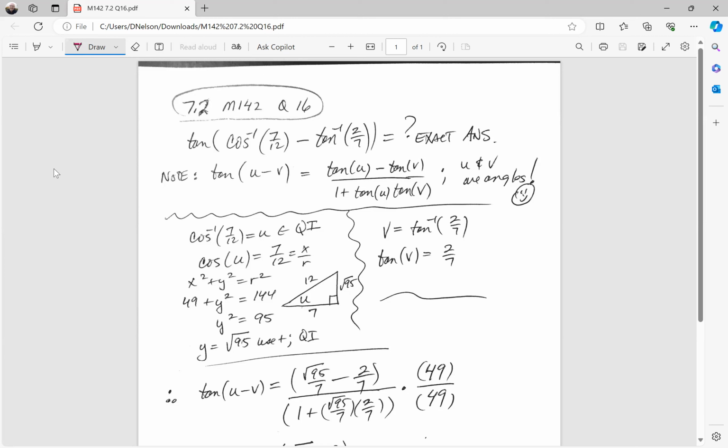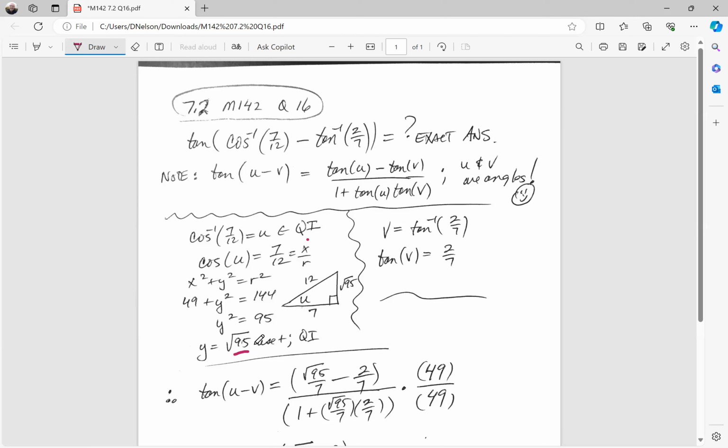Subtract the 49 from both sides gives us y squared equals 95, and y equals the square root of 95. Again, we're going to use the positive one because we're going to assume that we're in the first quadrant, because the inverse cosine of a positive 7/12 will give us a value that's in the first quadrant.